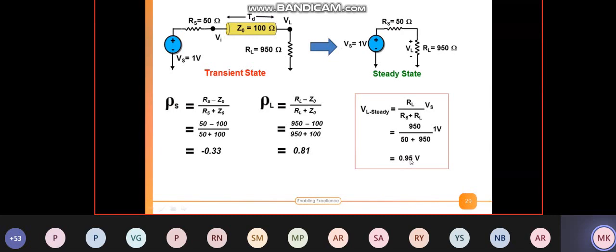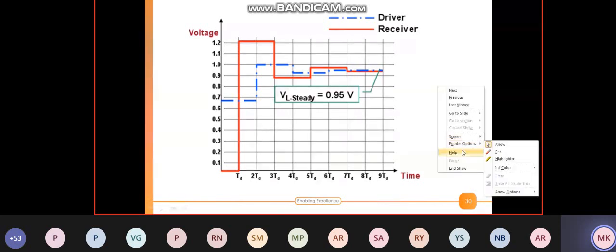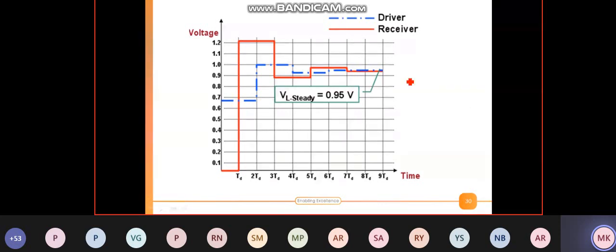But when you take a transient response, one needs to divide the time scale into 1t, 2t, like we have done here. In this case the source coefficient is minus 0.31, and the load coefficient is 0.81. When the output driver sends a signal, let's say 1 volt, the reflection coefficient is multiplied with it.